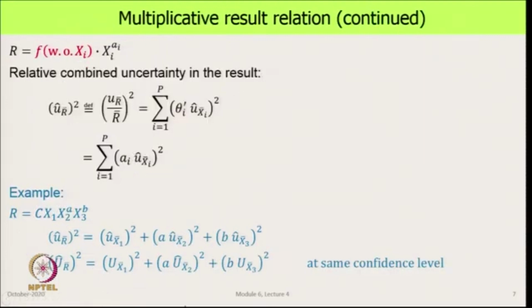This was the result formula that we had, everything else clubbed in without x I, times x I to the power A I. The relative combined uncertainty of the result, u hat r bar square, which we defined as combined uncertainty divided by the value of the result, is the sum of theta I prime into u hat x I prime, which is again the relative combined uncertainty of x I. Using our earlier relation, theta I prime is nothing but A I, so we write A I times u hat x I bar whole square.